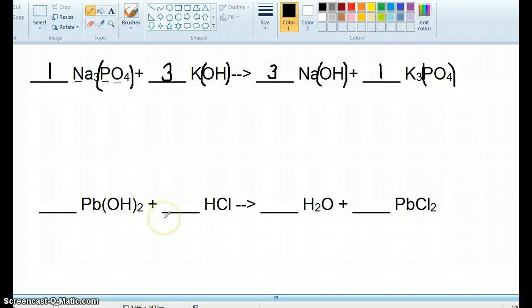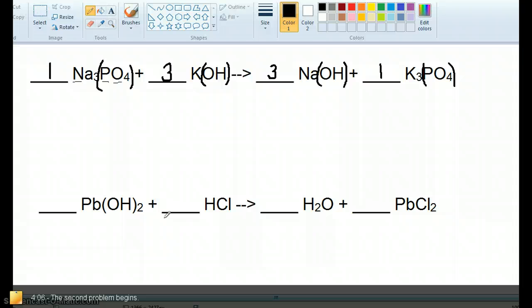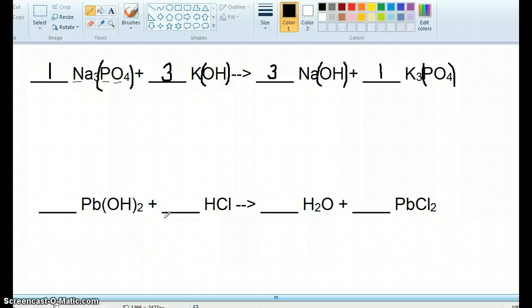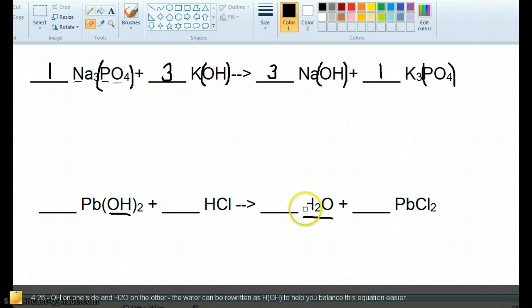Going on to the second problem. Lead 2 hydroxide plus hydrochloric acid yields water and lead 2 chloride. Well, in looking at this problem, if you'll remember one of the asterisks that I put in there, that if you have a hydroxide on one side and water on the other, it is completely fine to go through and rewrite your water as HOH.